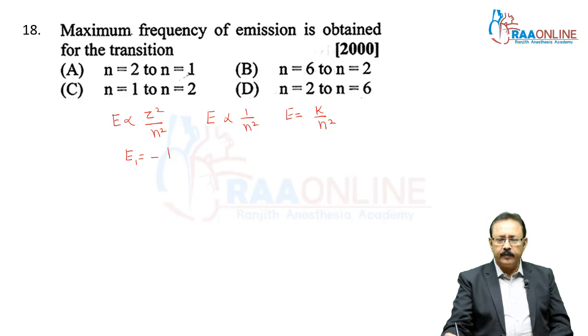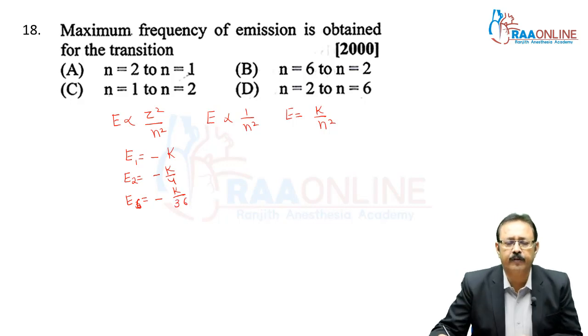So minus K upon 1 square for first orbit. For 2, minus K by 4. For 3, minus K by 9. For 6, minus K by 36.